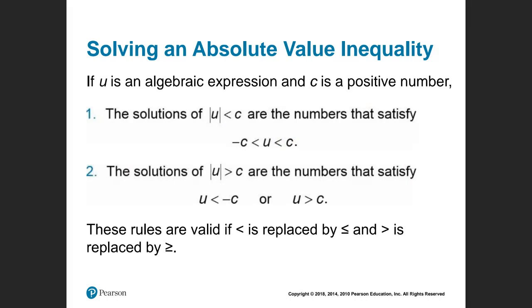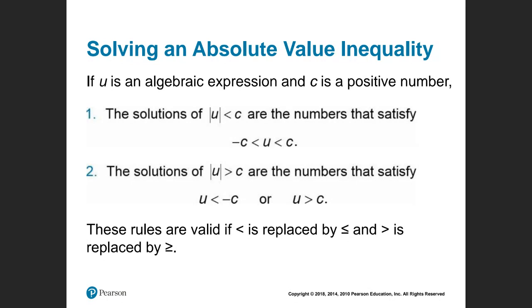Now, solving an absolute value inequality. If U is an algebraic expression and C is a positive number, the solution of absolute value U less than C are the numbers that satisfy negative C less than U less than C, between.